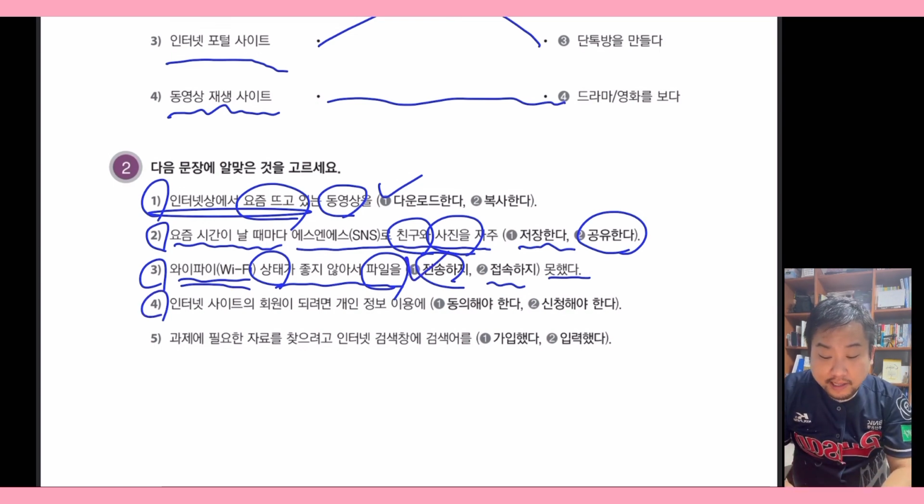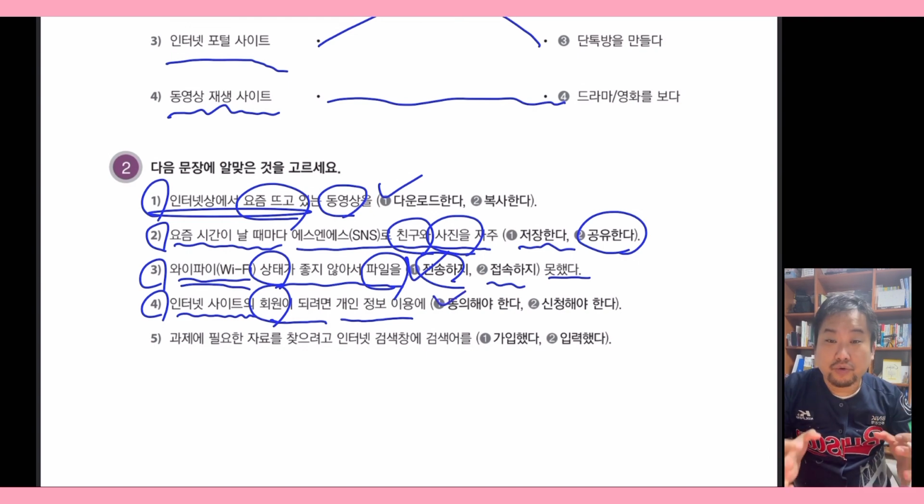Number 4, 인터넷 사이트의 인터넷 사이트 회원, member. To become a member. 개인정보 이용, using the personal information에 동의, you need to agree to use your own personal information for a certain purpose. So 동의 is answer. 신청하다 is apply.